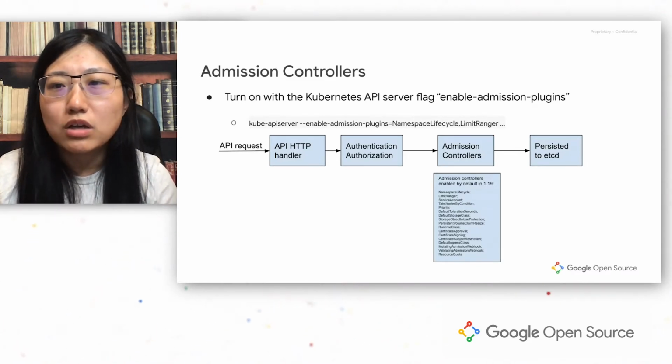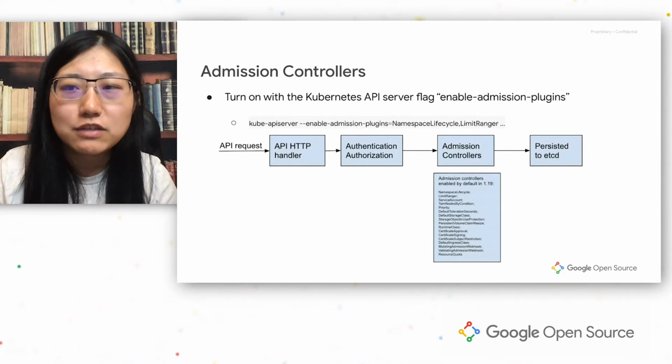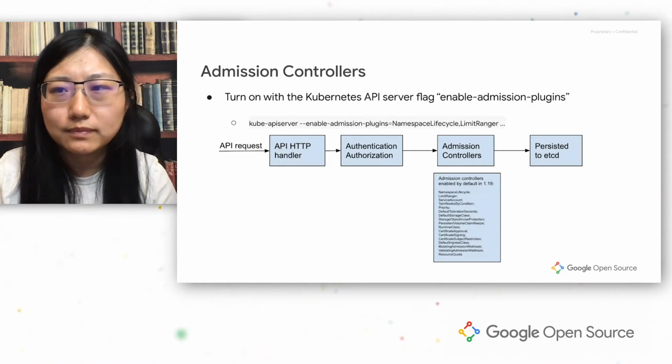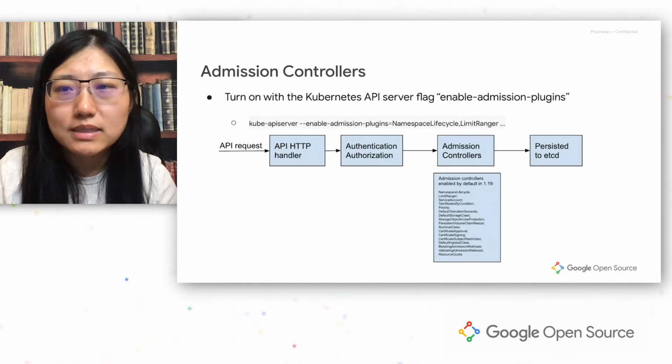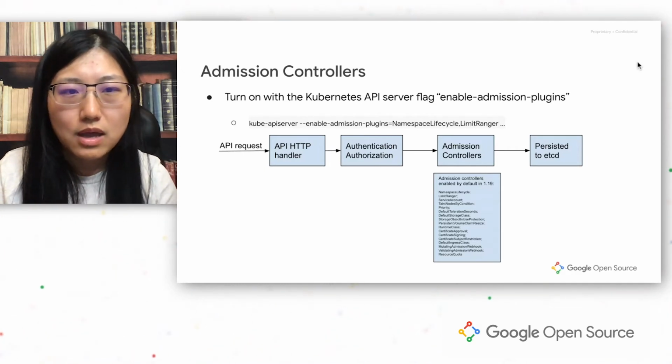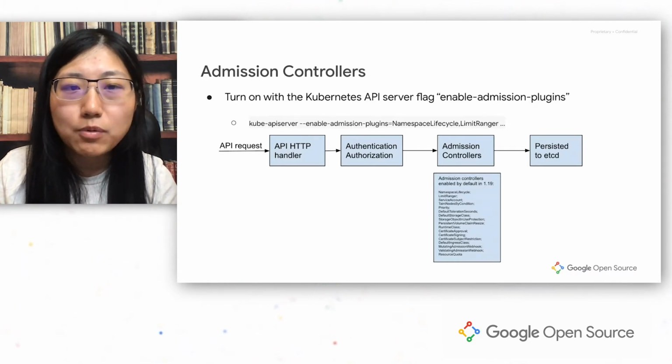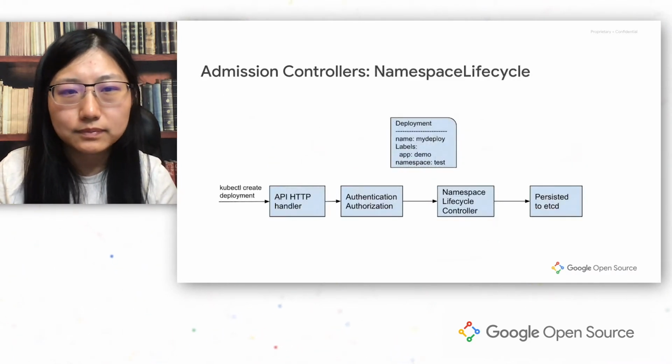Kubernetes ships with a lot of admission controllers, and 17 of them are enabled by default in v1.19. A lot of things which we assume are native to Kubernetes are actually done by those admission controllers. And they can be turned on with the Kubernetes API server flag enable-admission-plugins.